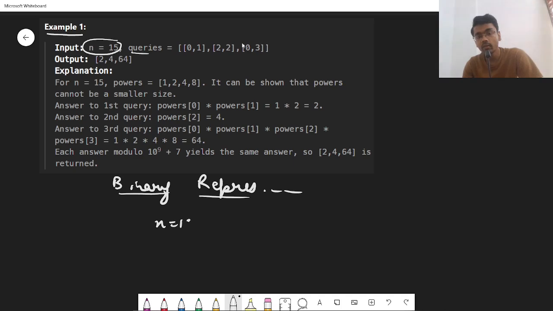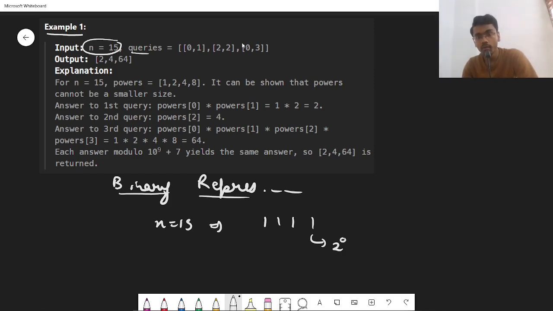So n is given as 15. What is the binary representation? Its binary representation would be 1, 1, 1 and 1. Now what do these binary digits actually mean? These are nothing but the powers of 2, right?